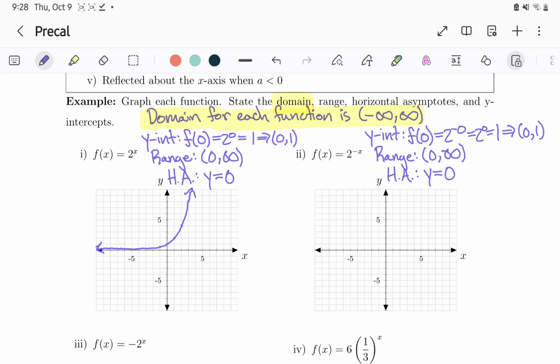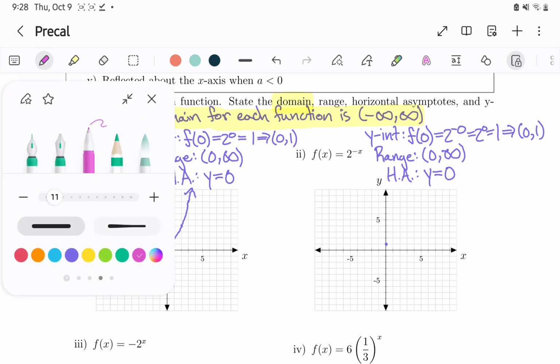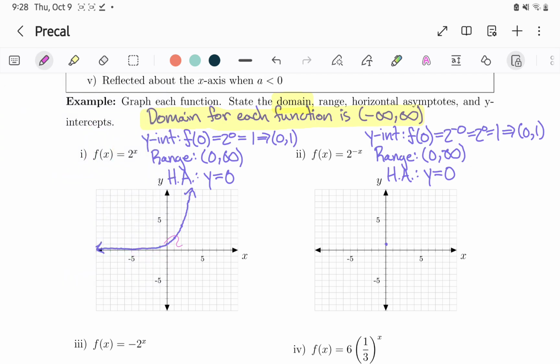All right, now let's go and sketch its graph. So we have the y-intercept at 0, 1 right there. How about I plot the points in a different color?